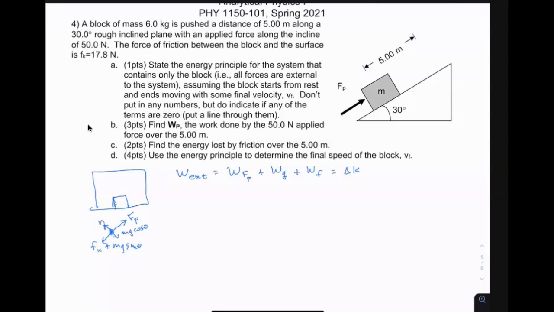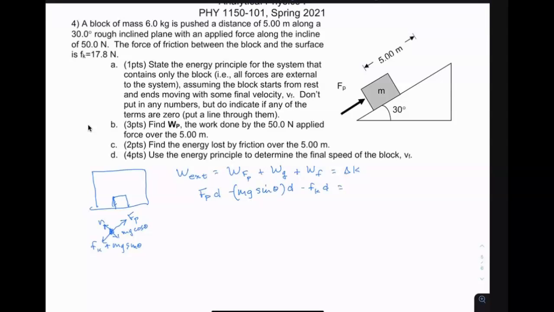Okay, so we can rewrite this work as F sub p times the displacement d, which is given 5.00 meters, plus the work done by gravity, which is minus mg sine theta times d, plus the work done by friction, which is minus F sub k times d.